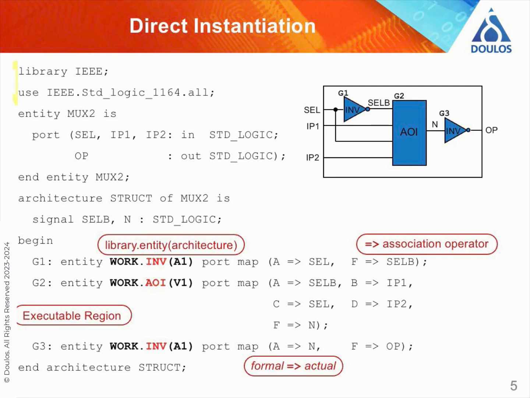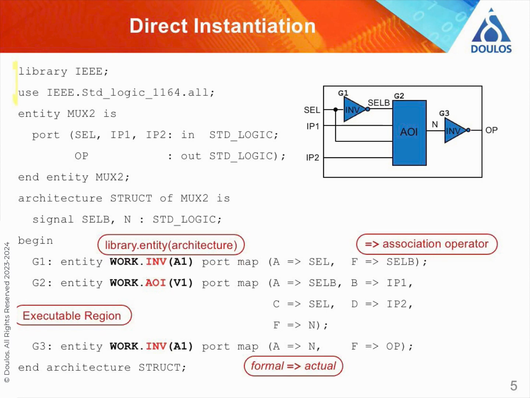Let's look inside this architecture. We have three instances of entities. The first one, which is called G1, is an instance of inv, the simpler of the two blocks that we've already seen. G3 is also an instance of inv, but it's a second copy if you like. So we have two invs inside our MUX2, and we also have an AOI, and we've called the instance of this G2. Notice that in order to instantiate these entities, to put them in place, we've had to say which architecture we want to use.